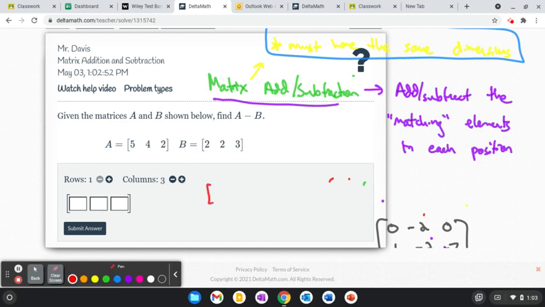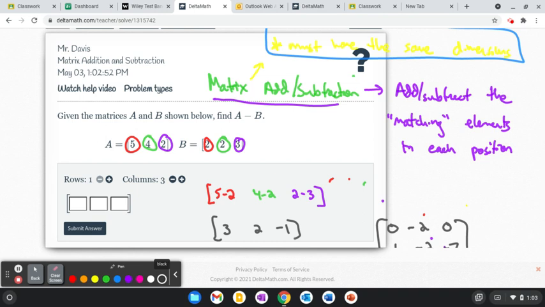And then we're going to do A minus B, so we just match them up, this one and this one. 5 minus 2 in our first one, and then we've got 4 minus 2, and then we've got 2 minus 3. And just do those computations. Should end up with 3, 2, and -1. And again, feel free to do that without writing it out. You guys are in pre-calculus, so hopefully you can add positive and negative integers.